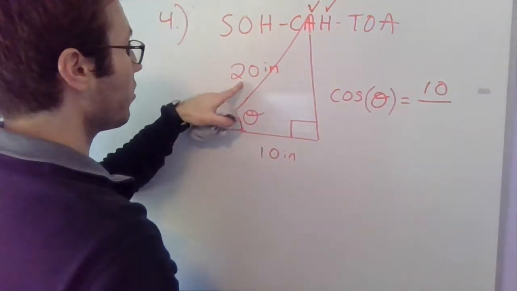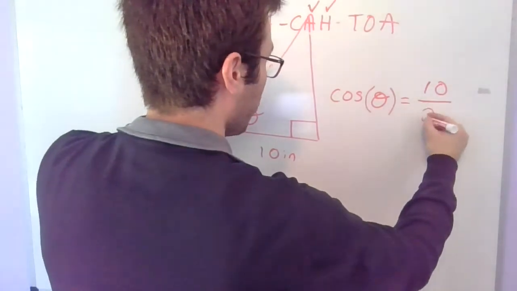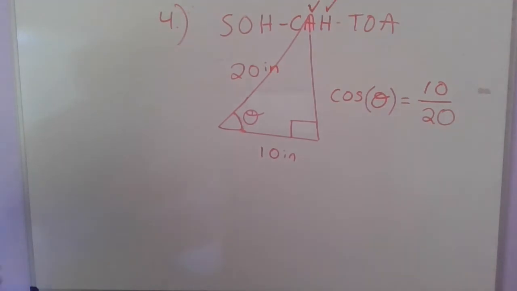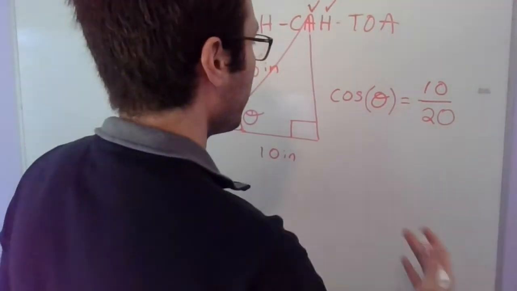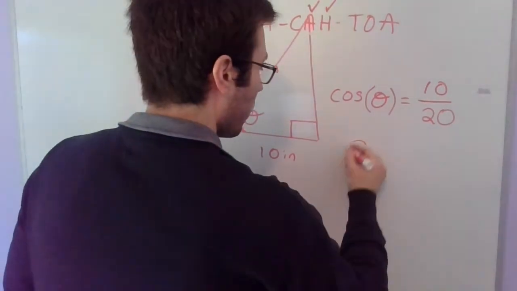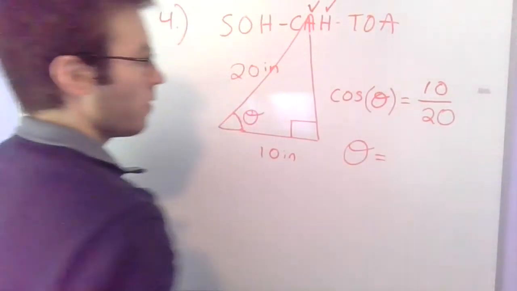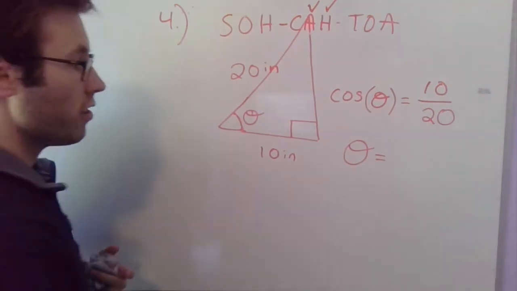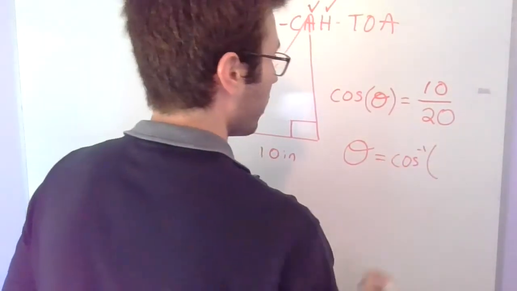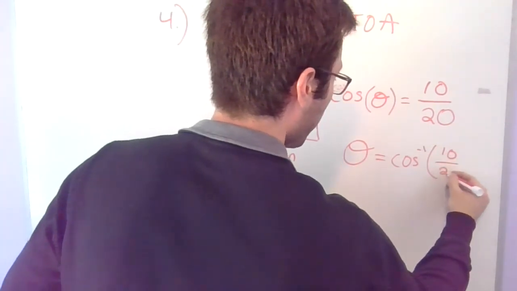The hypotenuse is on the bottom, so I put a 20. This is an interesting topic. To figure out what theta is, I'm going to show you some fancy notation. Theta would be equal to the inverse of cosine of 10 over 20.